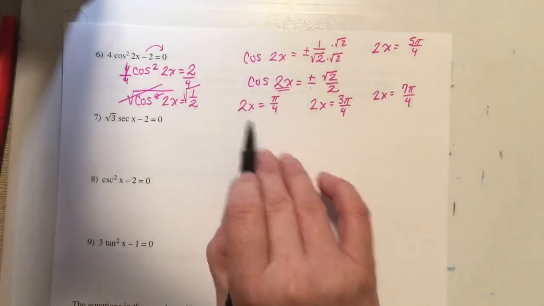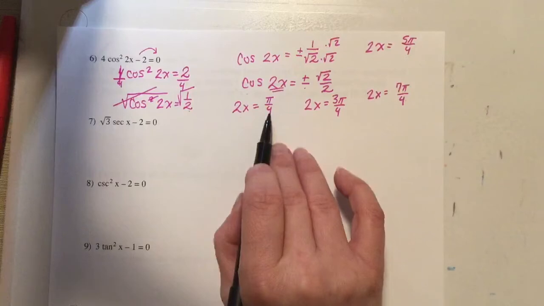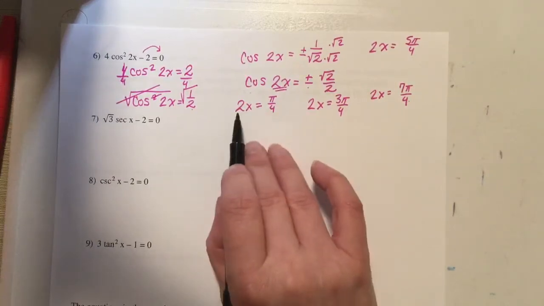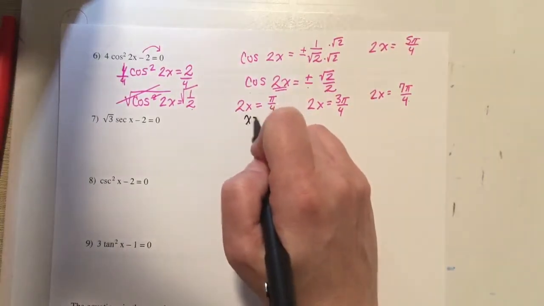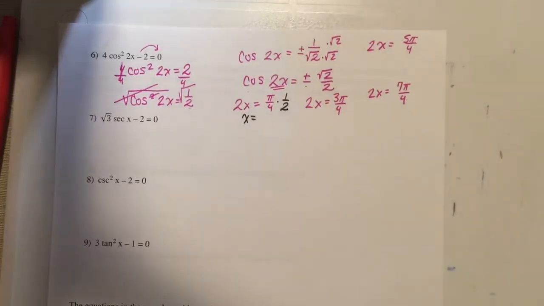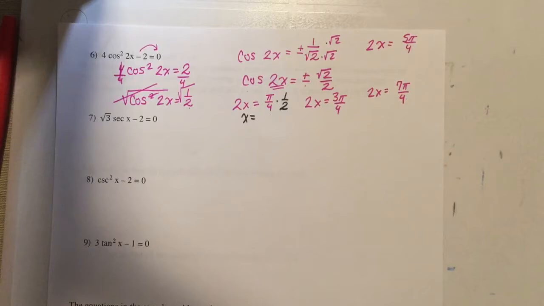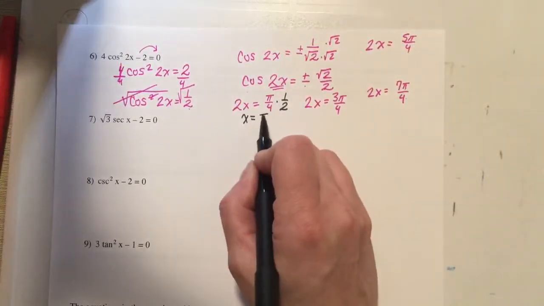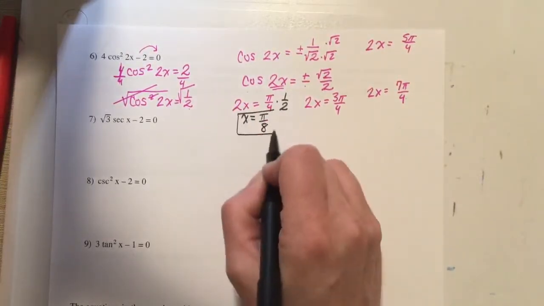So if I divide by 2, you can't divide fractions. So instead, when I'm really dividing by 2, what you have to realize is that you're multiplying by 1 over 2. Because it's the same thing. Dividing by 2 is the same thing as multiplying by the reciprocal. So your answer here would be pi over 8.